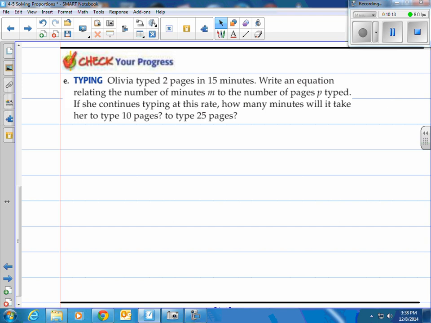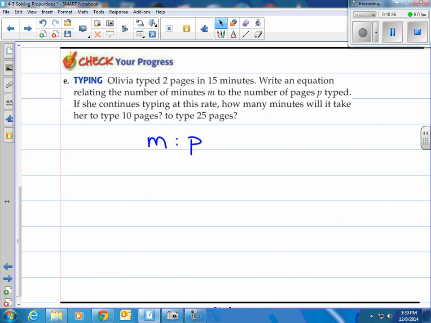It says Olivia typed 2 pages in 15 minutes. Write an equation related the number of minutes to the number of pages. Now, if she continues typing at this rate, how many minutes will it take her to type 10 pages?